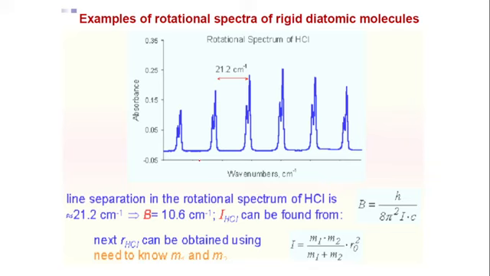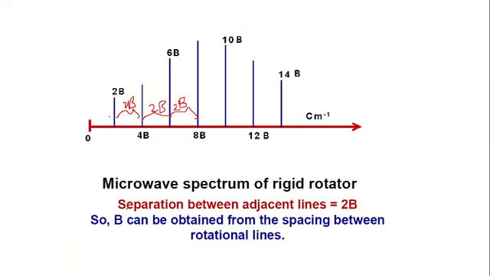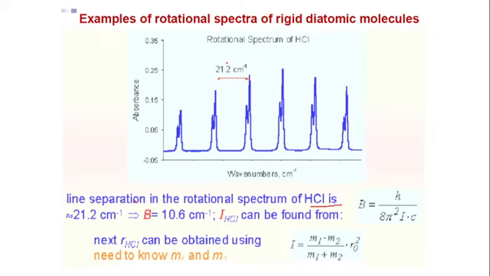This is an example of the rotational spectrum of a rigid diatomic molecule. This is the graph of absorbance versus wave number, and this is the line separation in the rotational spectrum of the HCl molecule. The line separation has the value 2b, and here this 2b value is 21.2 centimeter inverse.